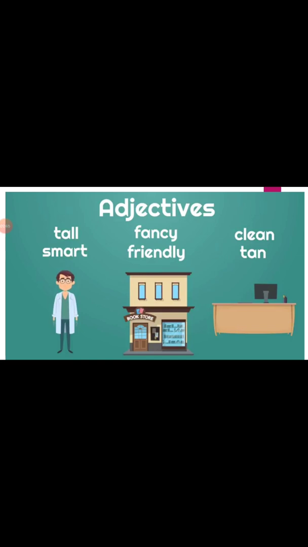They are tall, smart, fancy, friendly, clean, and tan. They are describing nouns. My dear students, adjectives are pretty fun. They help us to learn more about nouns. Now let's practice using adjectives to describe nouns.